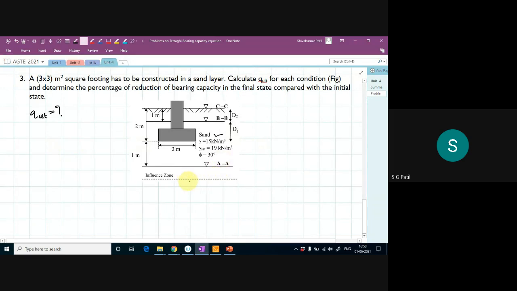This is the influence zone, and case number 1 is if the water table is somewhere here.